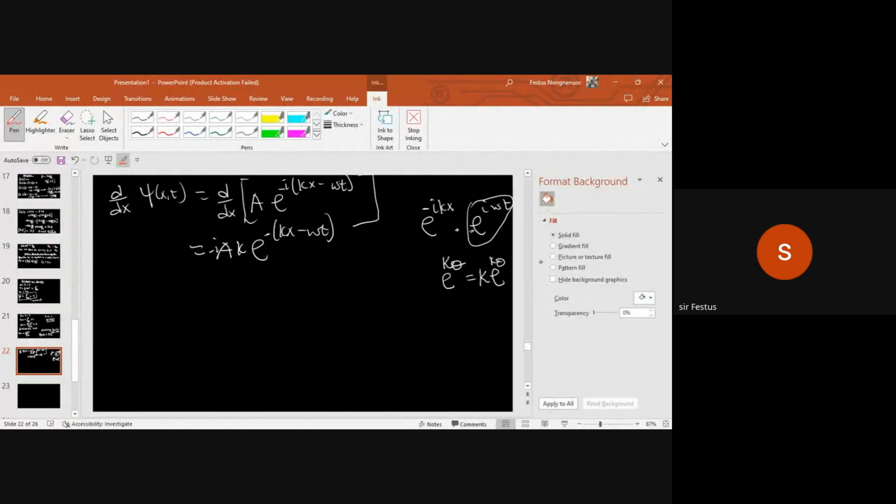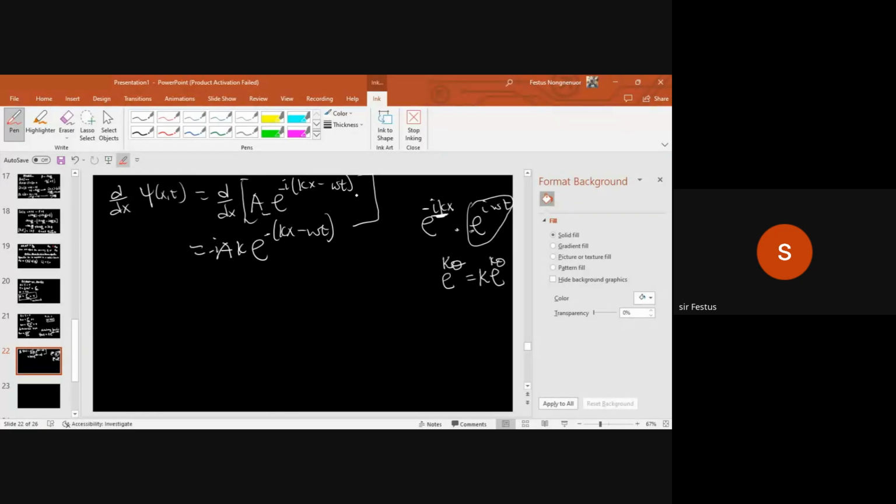So now we are differentiating e to the power minus i kx, so we multiply by minus i k, then repeat whatever we have. This A is what was here. So that's how we differentiate it, and this is the first differential.